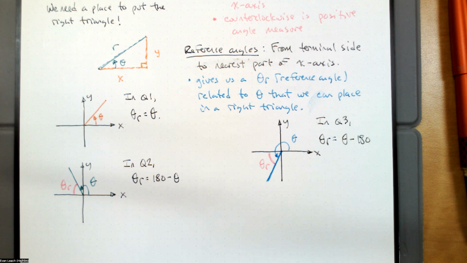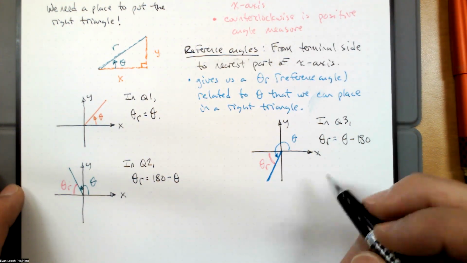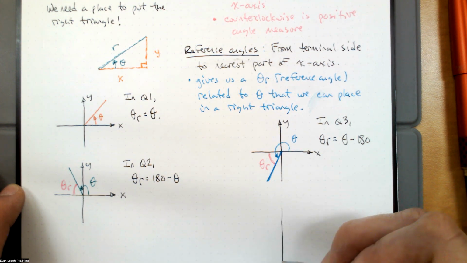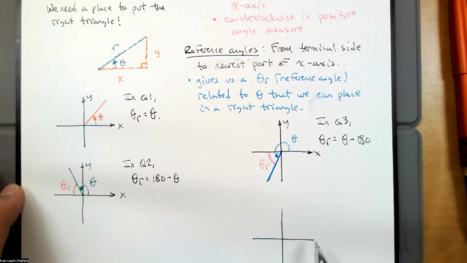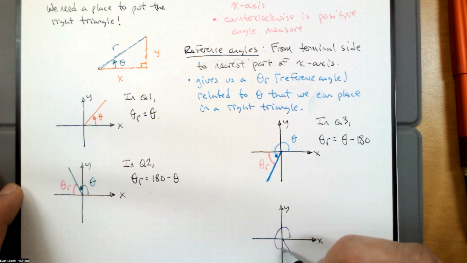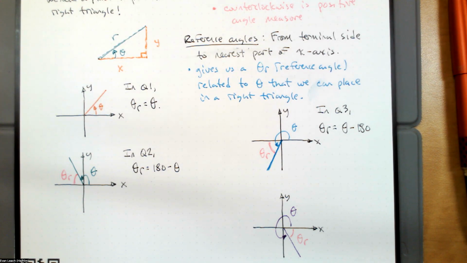In the fourth quadrant, we have an angle that goes all the way around to the fourth quadrant. Then we're going to keep going until we get back to the positive x-axis. So that's going to be 360 minus our theta.